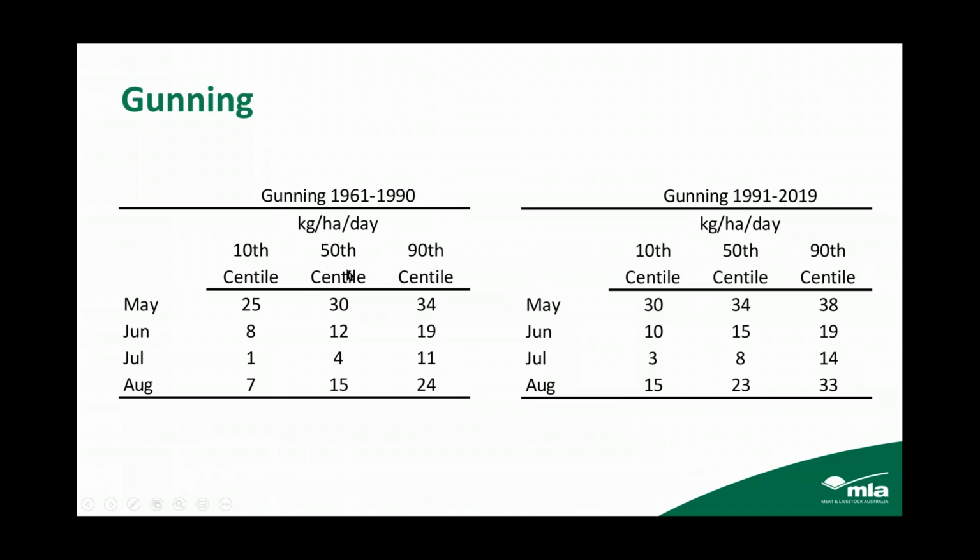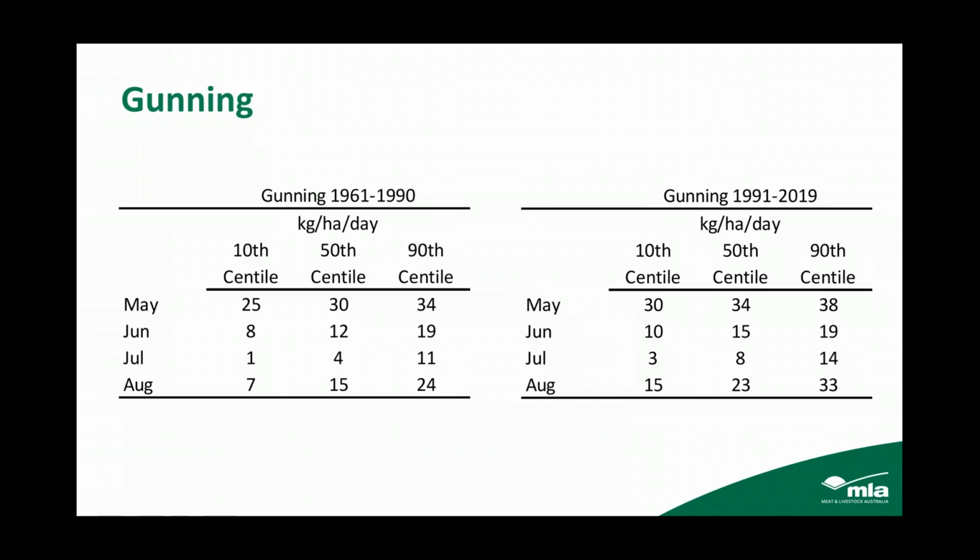Let's just concentrate for now on the 50th centile, the median year. So in the median year over 61 to 90, say for July, all you could do is grow 4 kilos per hectare per day. But if you look over the same month in the 91 to 2019 data, you get double that.